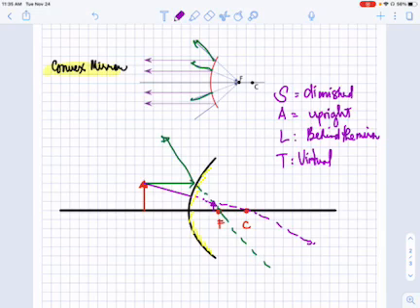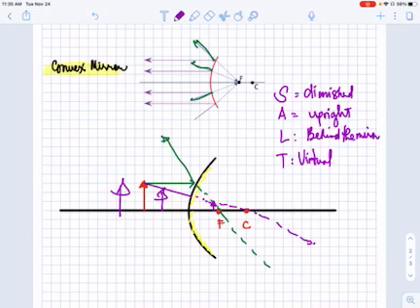For a convex mirror, it doesn't matter how close the object is placed in front of the mirror. So whether you place the object here, or you place it here, the image is always diminished. It just varies how much smaller the virtual image is compared to the real object.